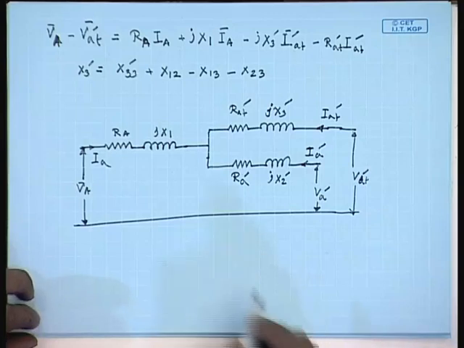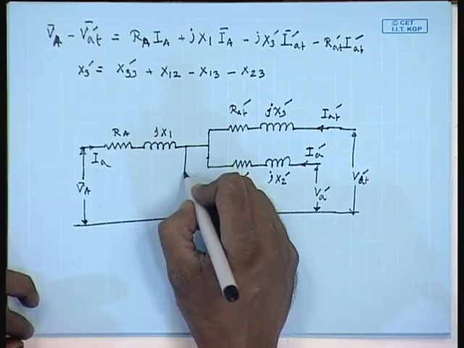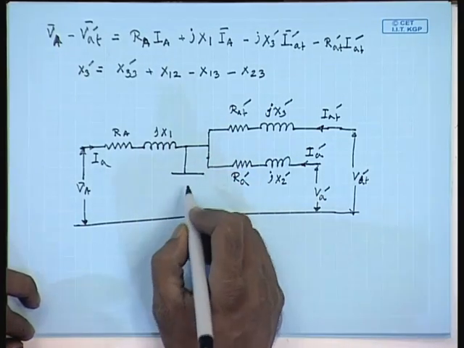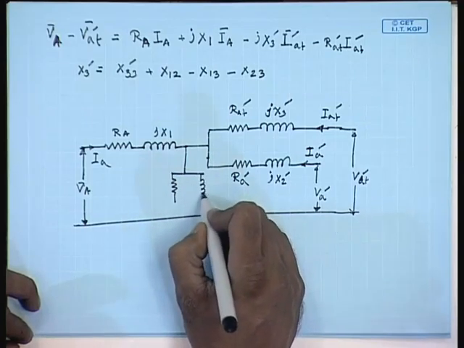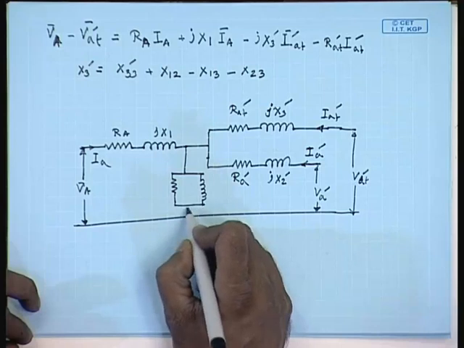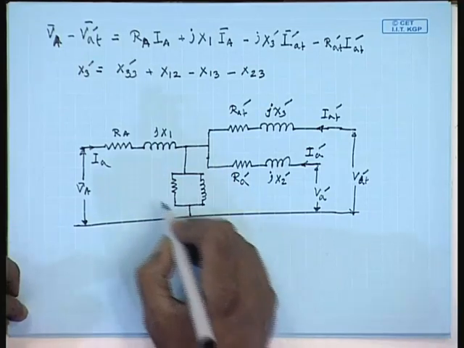This circuit is completed by putting a magnetization branch just like a 2 winding transformer like this, also referred to the high voltage side.